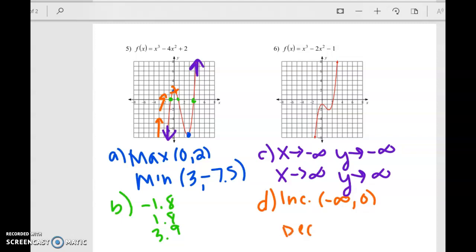And then at 0, I start decreasing. So it starts going down until I get to my minimum, which we said was at 3. So from 0 to 3, I'm decreasing, and then this function turns and starts increasing the rest of the way. So I'm increasing from 3 to infinity.